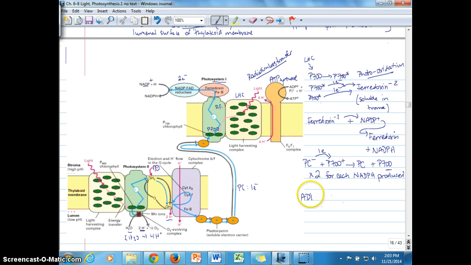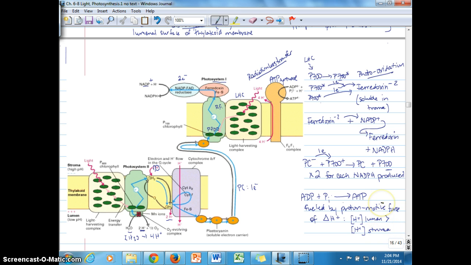So we're looking at this reaction here, ADP plus inorganic phosphate, to produce ATP. And this is an endergonic reaction, and so this reaction requires the input of energy, which is fueled by the proton motive force created by the hydrogen ion gradient, such that the concentration of hydrogen ions in the lumen is greater than the hydrogen ion concentration in the stroma.